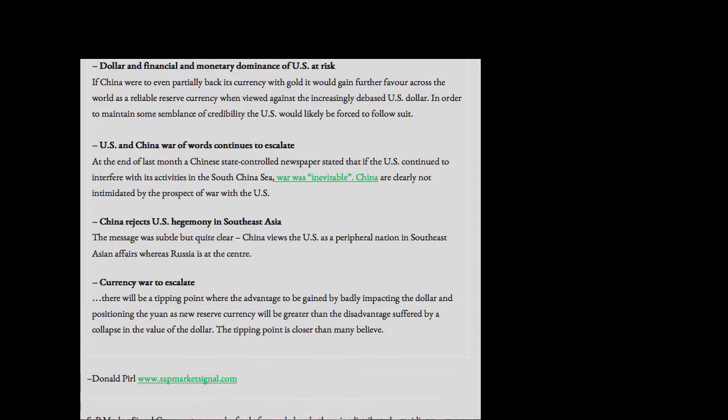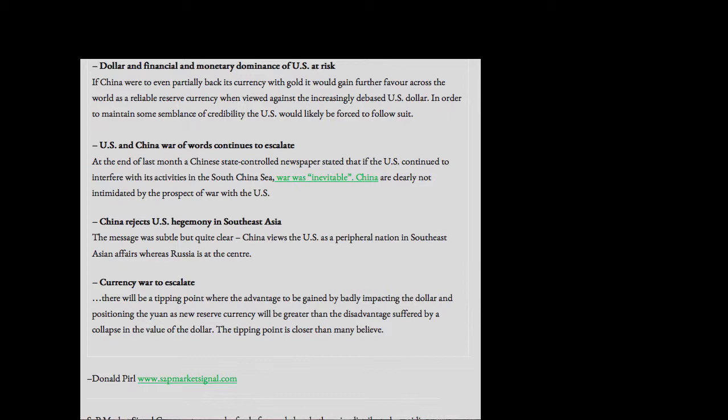The U.S. and China war of words continues to escalate. At the end of last month, a Chinese state-controlled newspaper stated that if the U.S. continued to interfere with its activities in the South China Sea, war was, quote, inevitable, end quote.